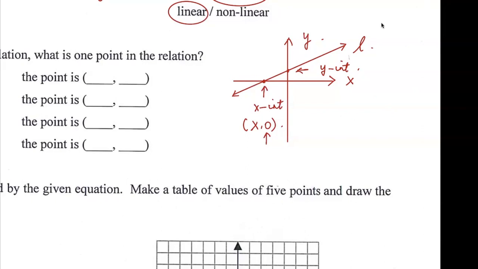Same logic. The y-intercept always has the form (0, y), which means the x value is always 0, because the y-intercept is the intersection of the straight line and the y-axis, which means the y-intercept is always on the y-axis, which means the x value is always 0.